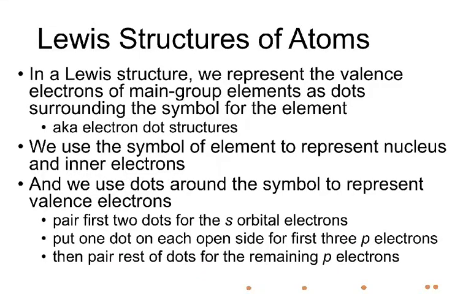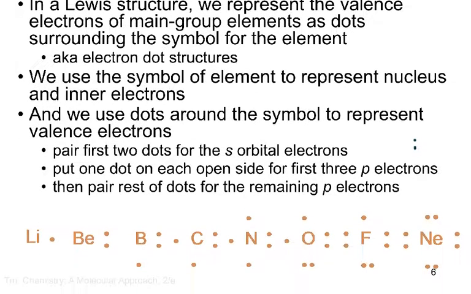Okay, if we're going to draw a Lewis structure, we're going to represent our valence electrons as dots, and the symbol of the element will represent our nucleus and the inner electrons. We're going to arrange those dots around the element to represent our valence electrons. So the way we do that is first you write down the symbol of the element to represent the core, and then whatever valence electrons there are, you're going to put a dot.